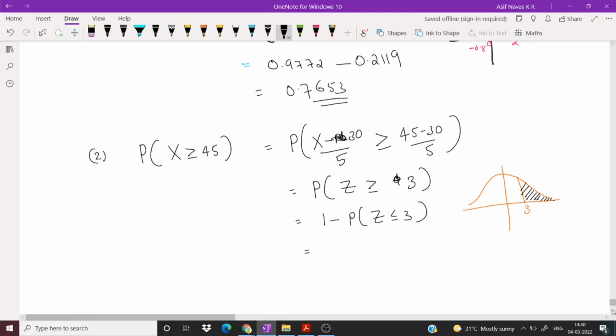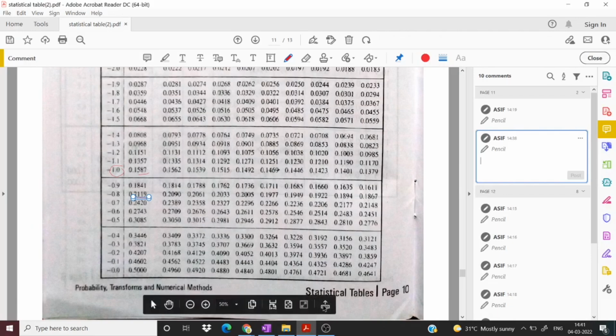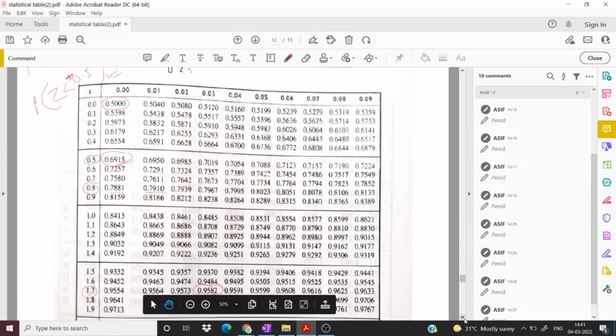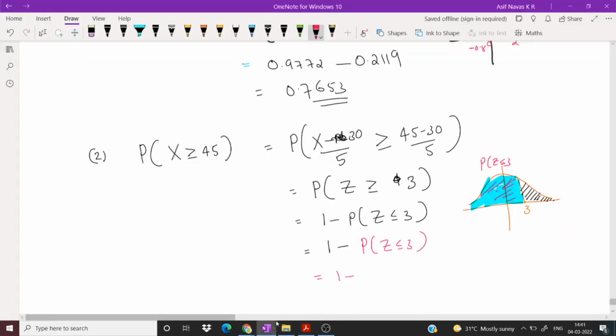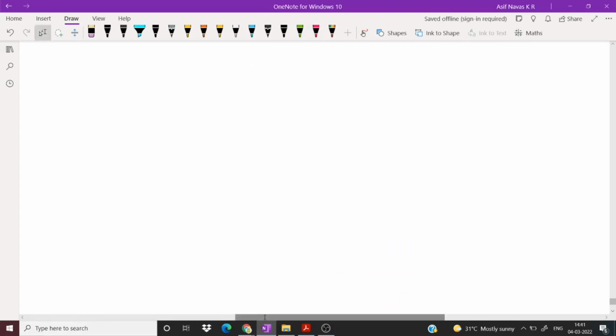From the table, the value for 3 is 0.9987. So that value is 1 minus 0.9987, which is 0.0013.